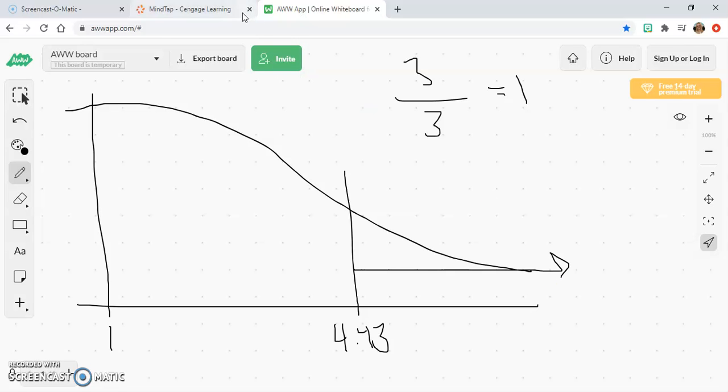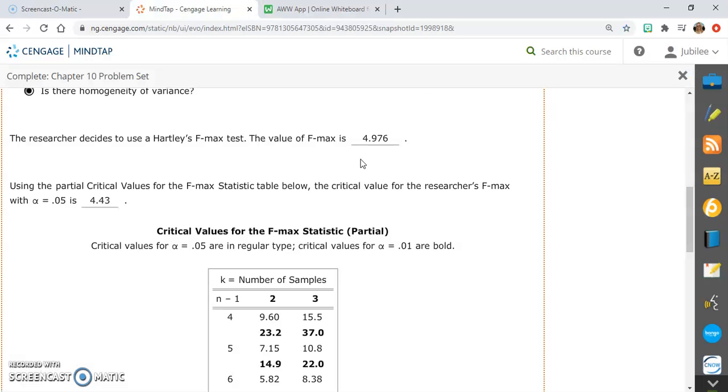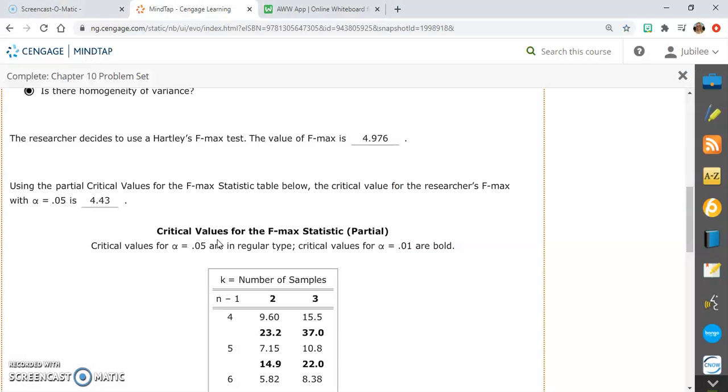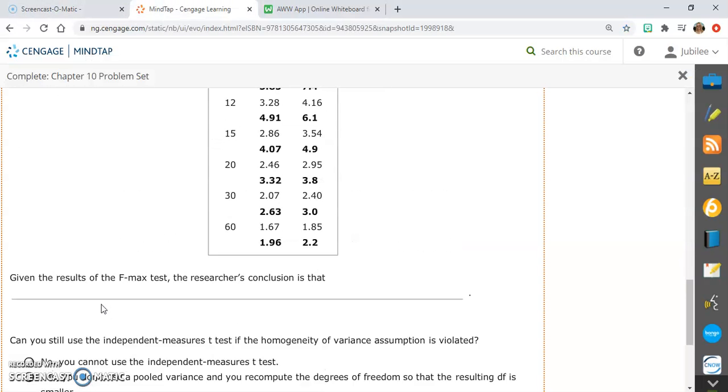So I have violated the assumption. My value of Fmax was 4.976, which would be in the critical region somewhere, right? It would be like over here, 4.9. And so this falls into the critical region, and so I have violated the assumption.